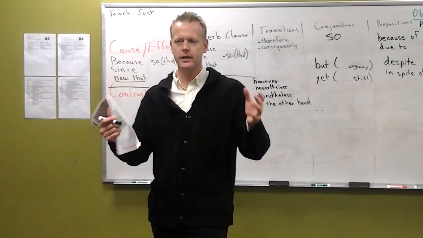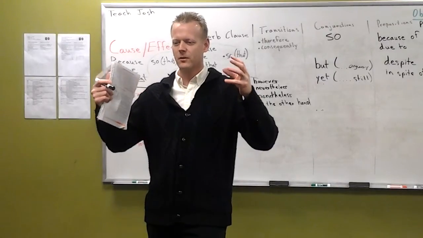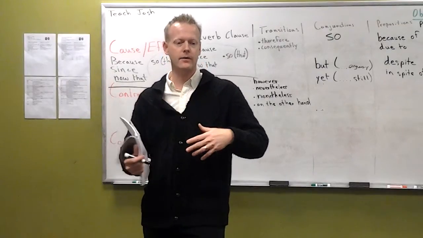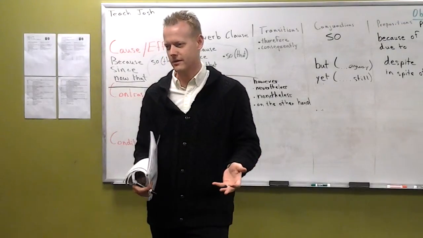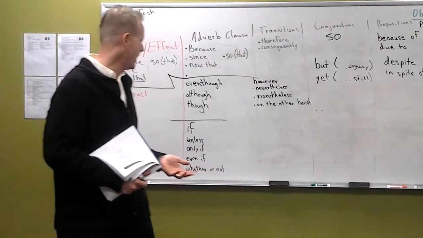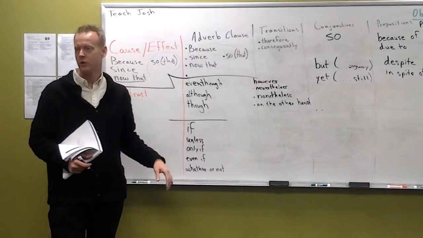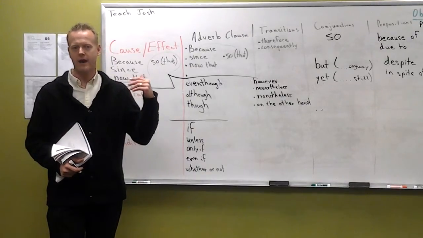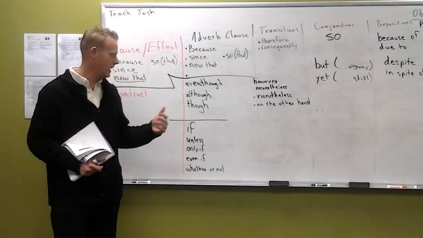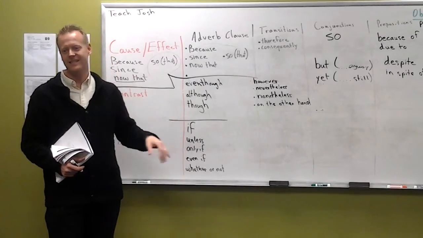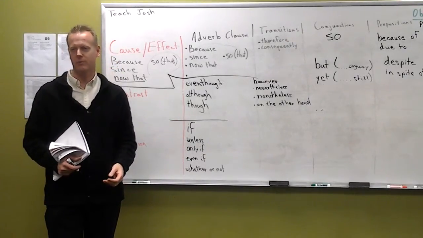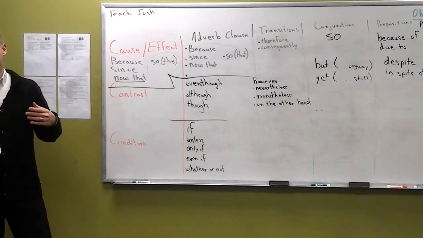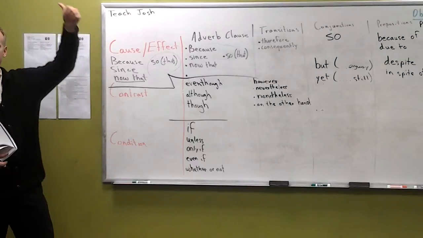A condition is creating something that is true or untrue based on the reality of a situation. So we have if conditions that are true in the present or future. We have a second class if clause, which is untrue in the present or future. And then you have a third class if clause, which is untrue in the past.